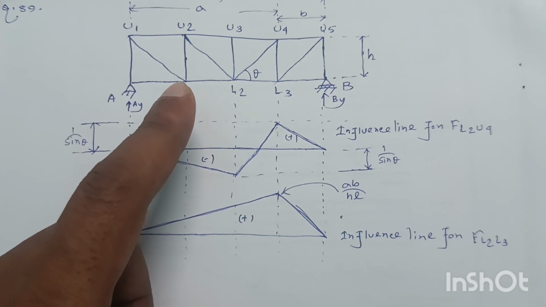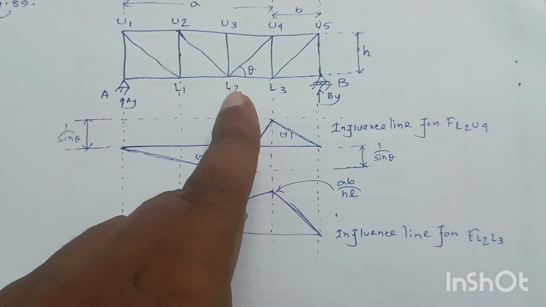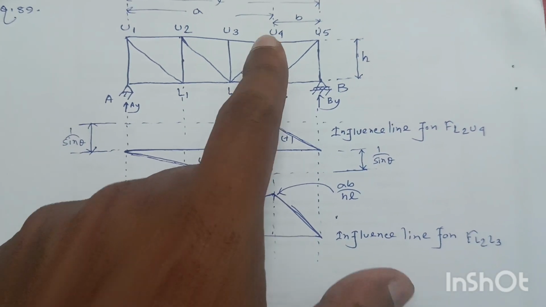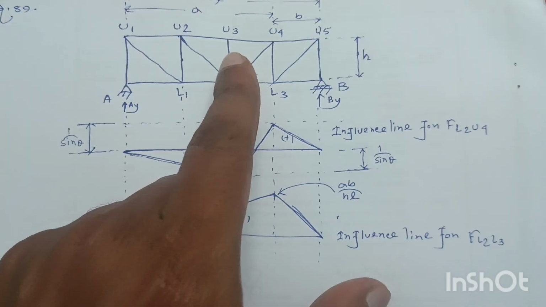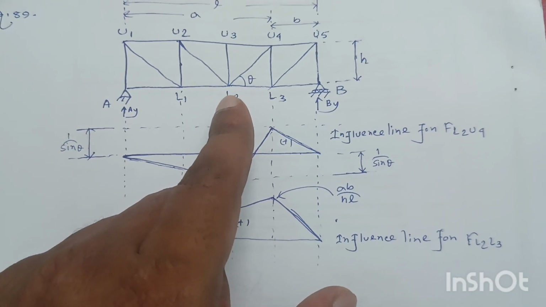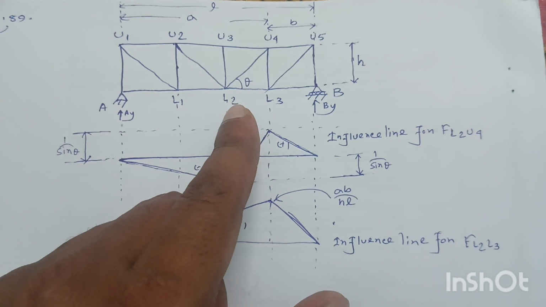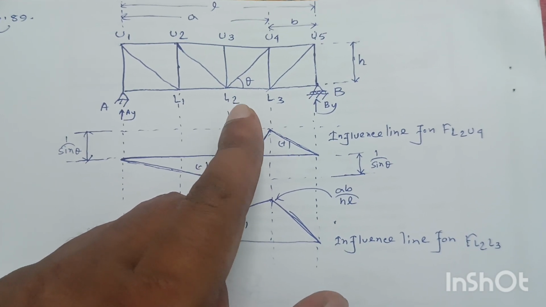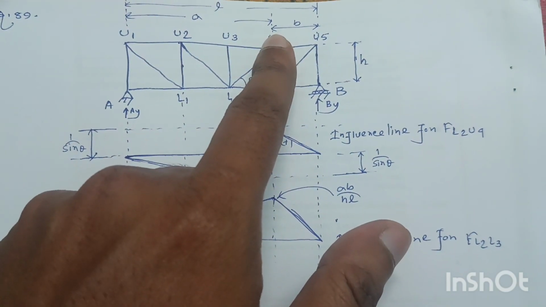Suppose we are determining the axial force or stress in the web member L2 U4. Web member means the vertical and diagonal members of the truss.